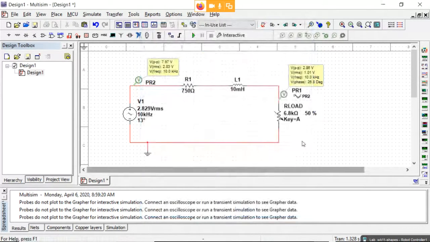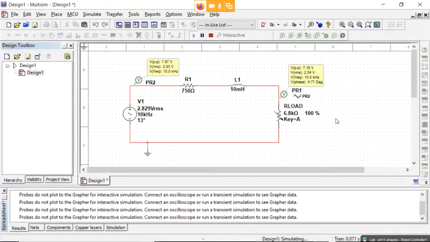Now, this is a variable resistor, so you need to vary it the entire way to get that value. And there's a different potentiometer you can select also, whichever one you want to use. But the nice thing about this one is it lets you slide the resistance as you're simulating.